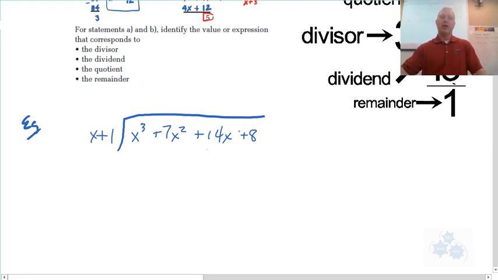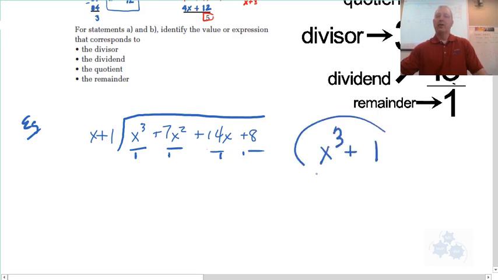Now, one of the things that we need to make sure, which I haven't mentioned yet, is that when you write your dividend underneath here, this polynomial, it's very important that every term is represented. So what I mean is this. If I had something like x cubed plus 1, I couldn't just write x cubed plus 1 underneath the radical sign. Why? Because I need the cubed term.